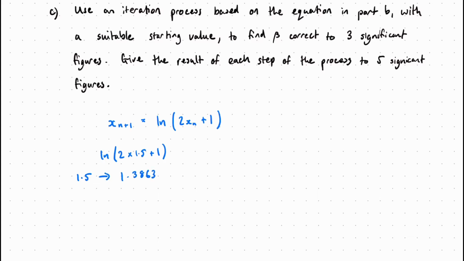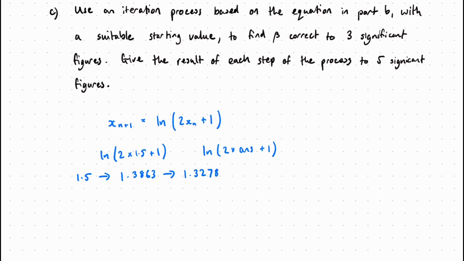Rather than constantly retyping this equation out and changing that 1.5 to the next number, what I'm going to do now is on my calculator do ln of 2 times the answer plus 1. Remember, don't clear your calculator at this point. Replacing the 1.5 with answer means it's going to use our previous value, which gives a solution of 1.3278.